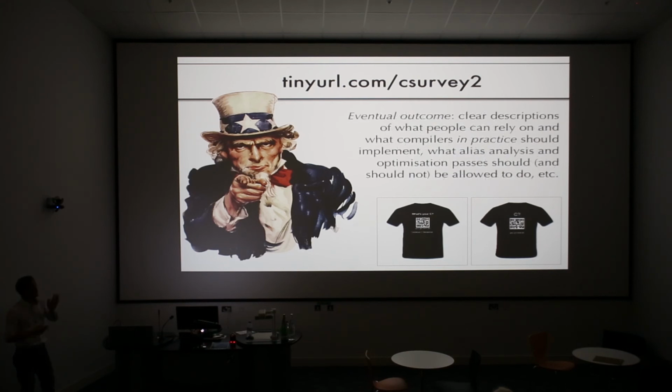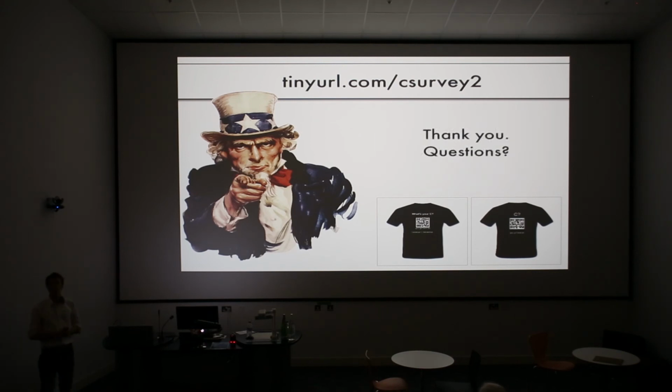And the eventual outcome, if you help us, will be a clear description of what we can rely on and what compiler developers can actually do. Thank you very much. Questions?